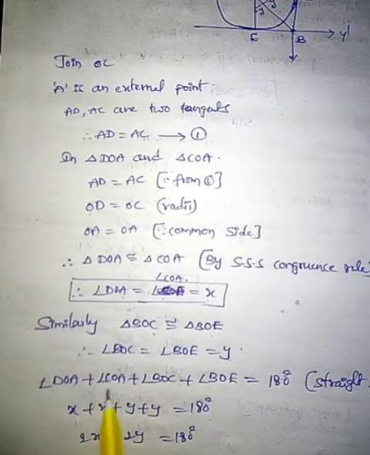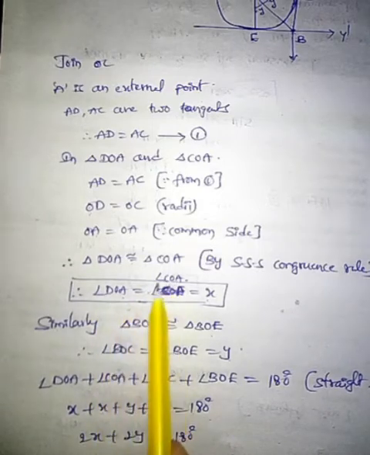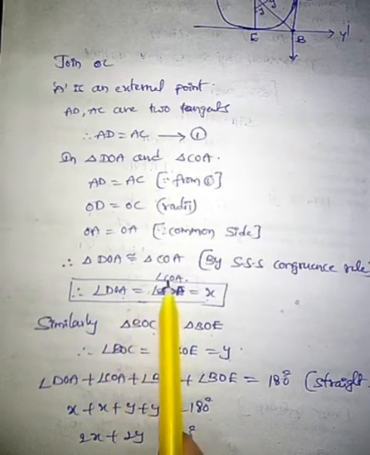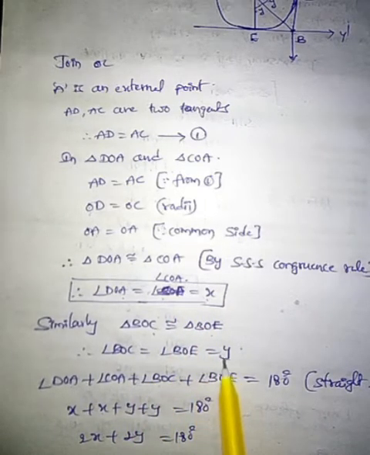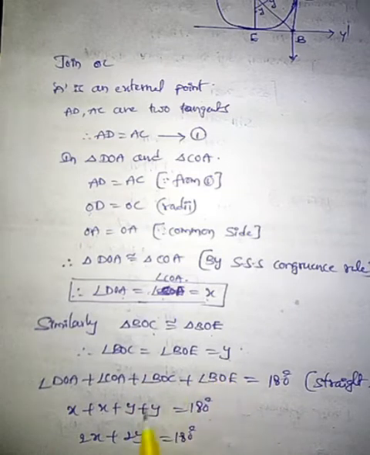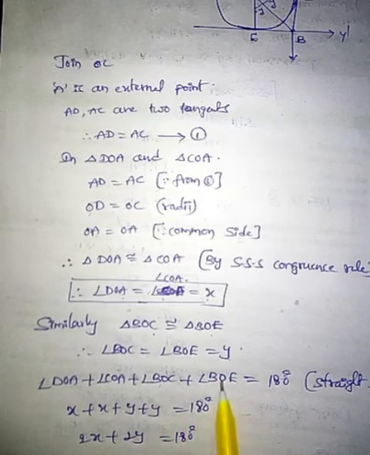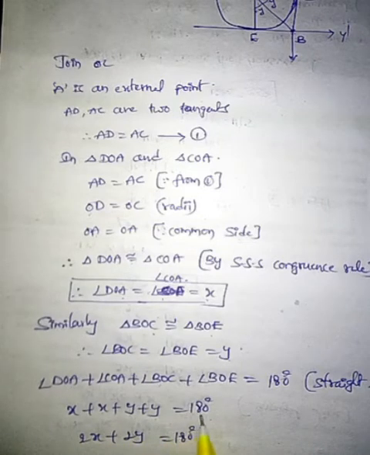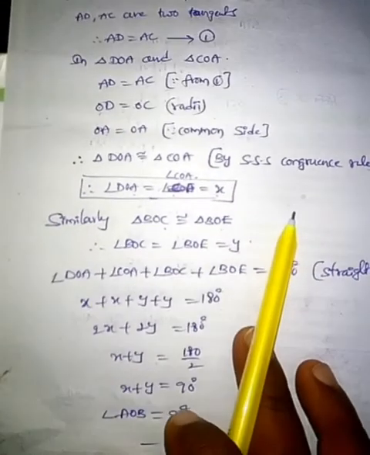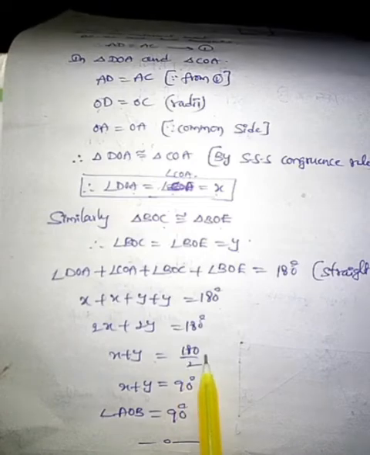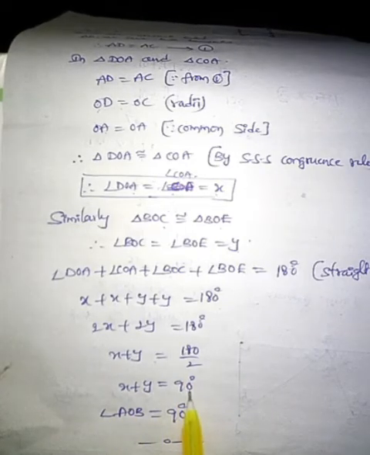DOA and COA are x degrees each, and BOC and BOE are y degrees each. So 2x plus 2y equals 180. Taking 2 common, 2 into (x plus y) equals 180, so x plus y equals 180 by 2, which is 90. That is, x plus y equals 90.